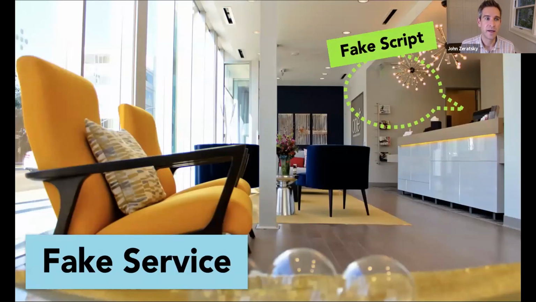that the team is just thinking of doing. It's possible to fake services, in-person services, and changing the physical environment is important, of course, but really the key to faking services is to rewrite the script. So actually changing how the team interacts with customers in the process of delivering that service, and that can really change the whole nature of the service itself.